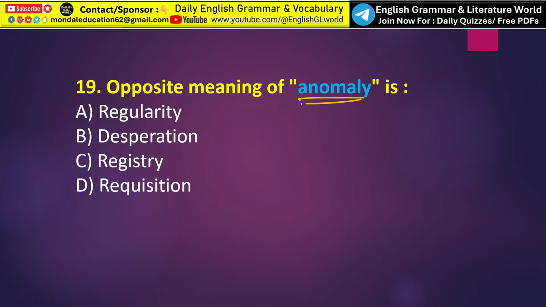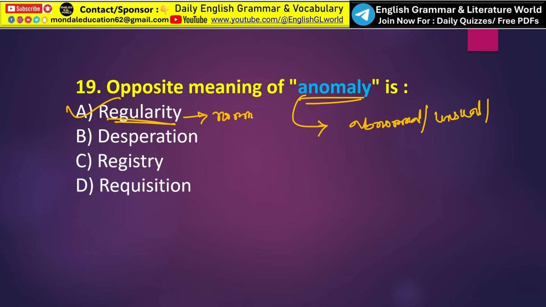So the word anomaly means something abnormal, or you can say unusual, or different from the normal patterns. That is called anomaly. So the correct answer should be regularity. Here regularity means normality, or you can say orderliness. Okay, something which is consistent.